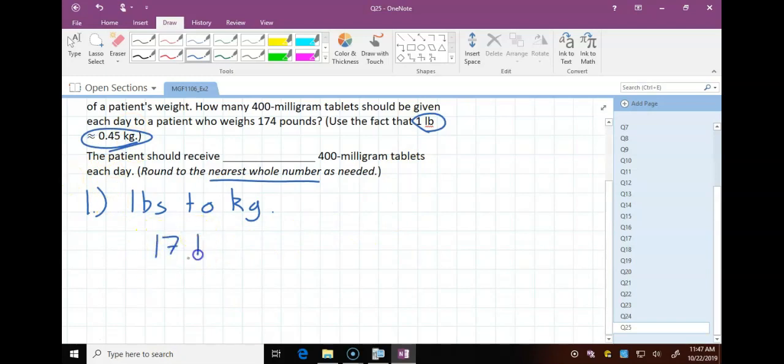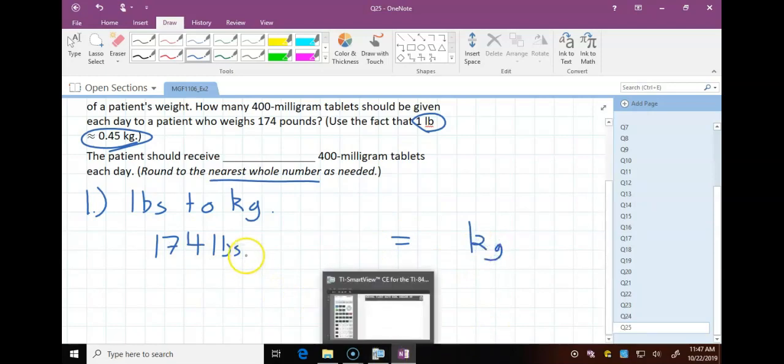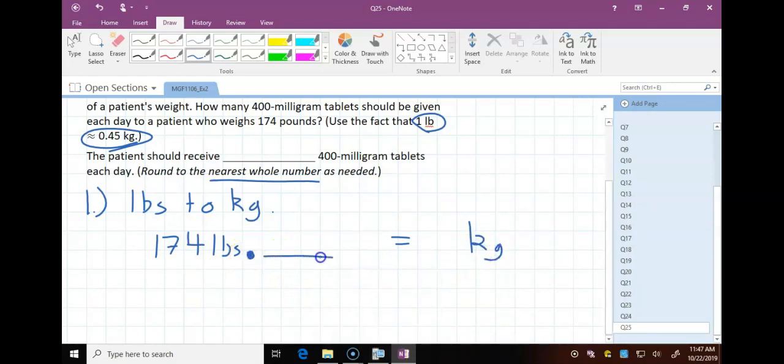So our patient is 174 pounds. We want to get them into kilograms. So again, this is just that multiplied by your unit fraction. And our unit fraction is what I circled up there. Pounds is going to go in the denominator because that's what we want to get rid of. Kilograms will go in the numerator because that's what we need. Okay? So we put the 1 down here in pounds.